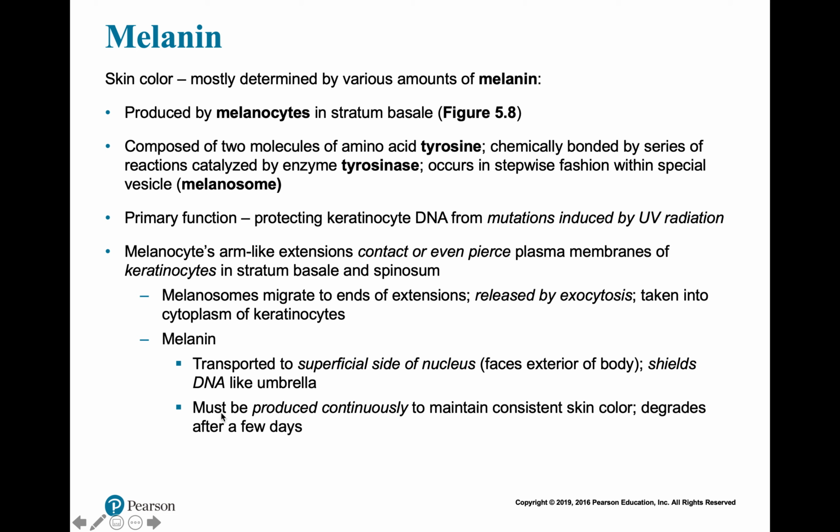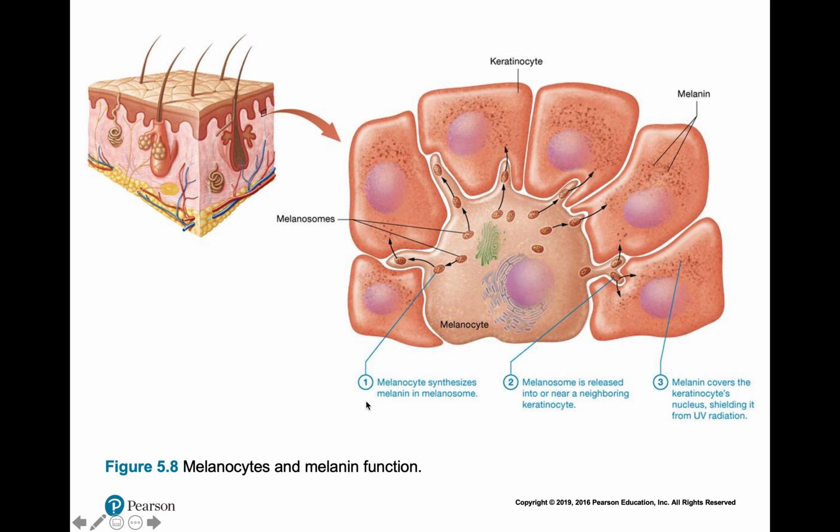All right, this bullet point down here: melanin must be produced continuously to maintain consistent skin color because melanin degrades after a few days. Melanin pigment molecules can only absorb so much UV radiation and then they degrade. And so more melanin has to constantly be produced. That's why these melanocytes are located within the stratum basale of the epidermis.